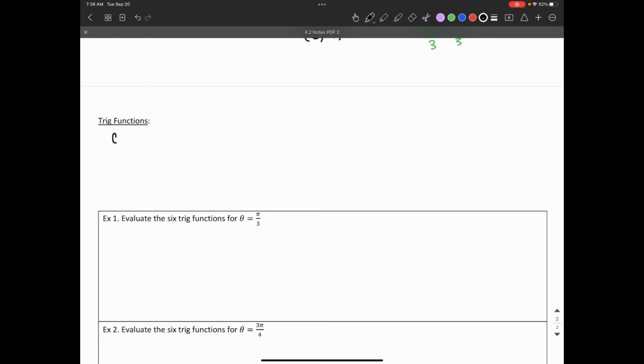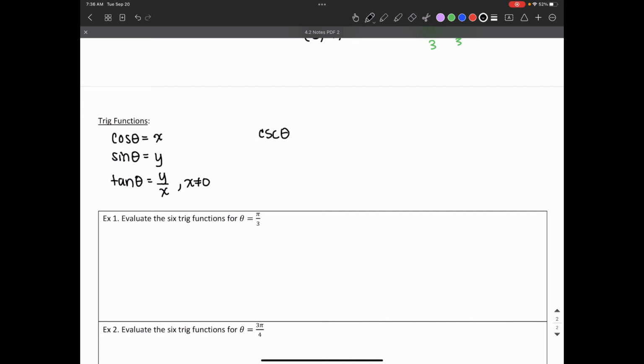So cosine of theta is always going to be equal to x. Sine of theta is always going to be equal to y. We just talked about that. Tangent of theta is going to be sine over cosine, so I know it's going to be y over x. And I also know that x cannot be equal to 0 for a tangent to exist.